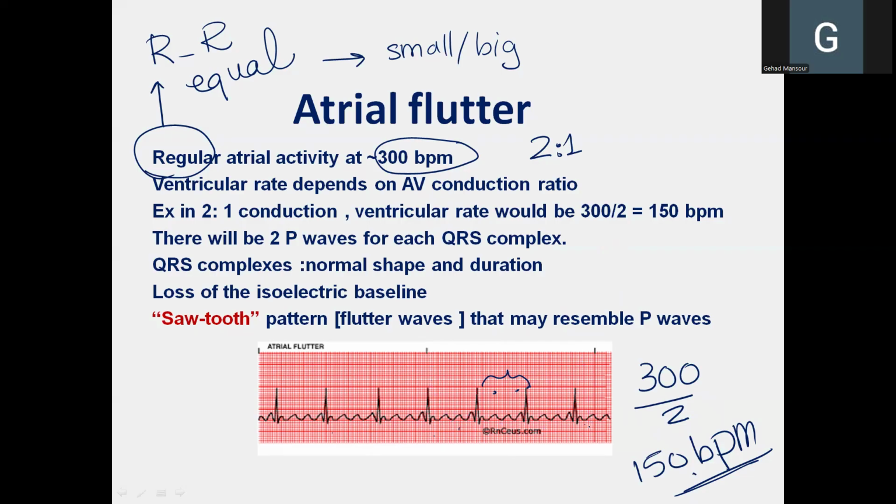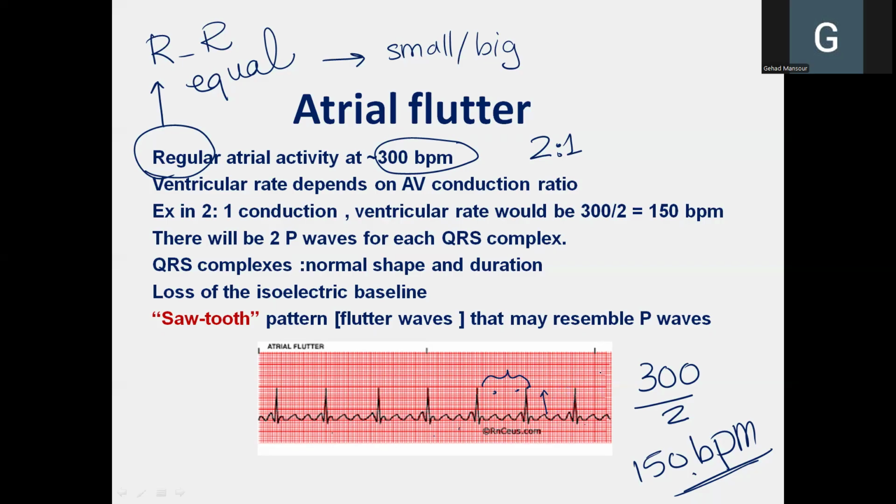I will never ask you to calculate precisely the atrial rate in atrial flutter, because sometimes it's difficult to determine where the P waves are, because you can never know whether this, for example, is a P wave or a wave of repolarization of the ventricles.